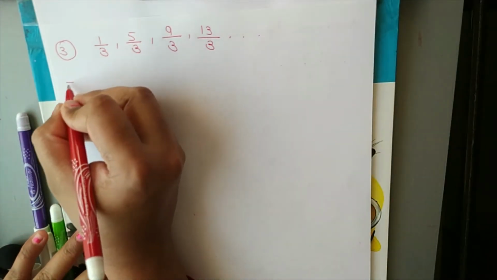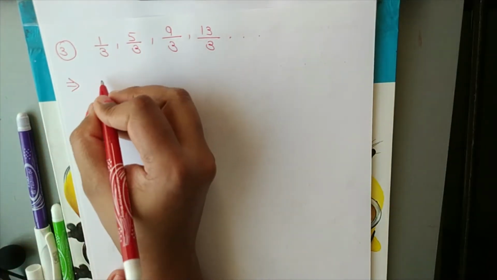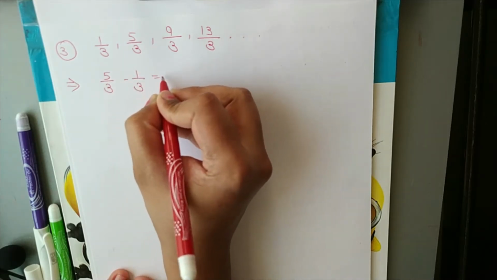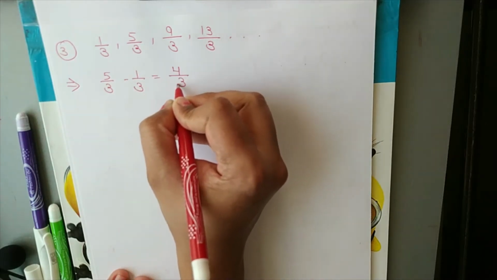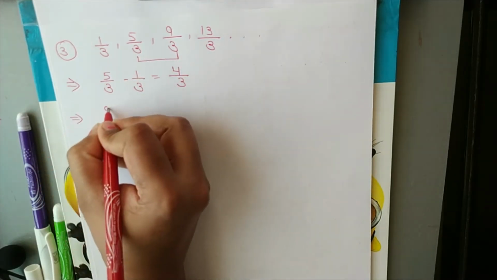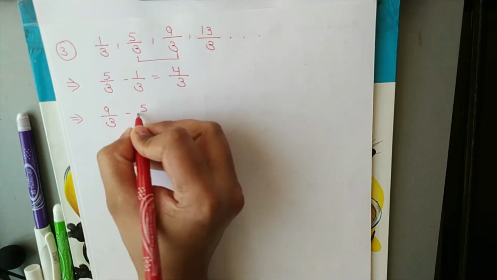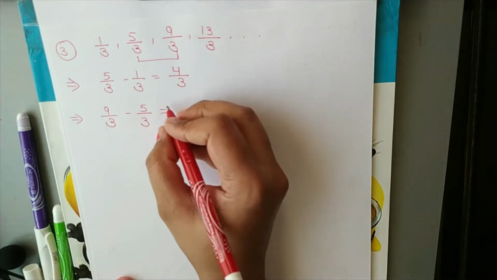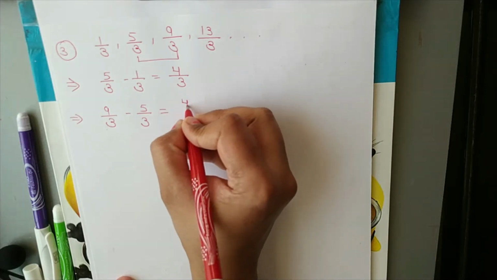So we have to find the difference. 5 upon 3 minus 1 upon 3, that is 4 upon 3. Now find this difference: 9 upon 3 minus 5 upon 3. Here the denominators are the same, so we only subtract the numerators, so that is 4 upon 3.